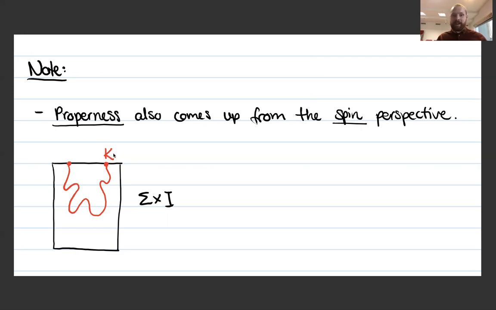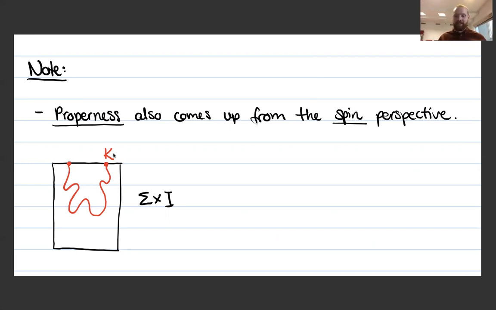And when you didn't have K, but you instead had an L here, you do the same thing. There will be a unique spin structure on the complement of your surface. But when you then induce a spin structure on this surface, the only way it's always the bounding spin structure on the boundary is if you started with a proper link.